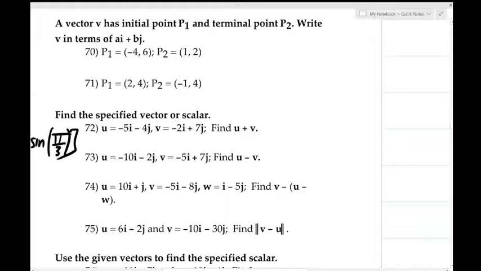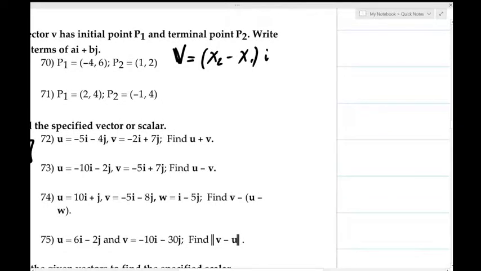So this is what we mean. Vector v already has a name, so v is equal to x2 minus x1 times the i component plus y2 minus y1 of the j component. So that's how we're going to come up with v.